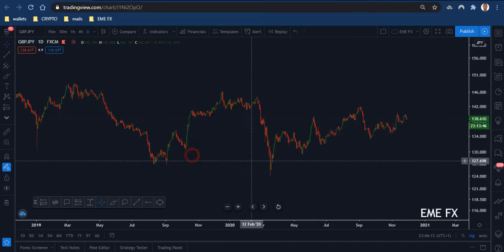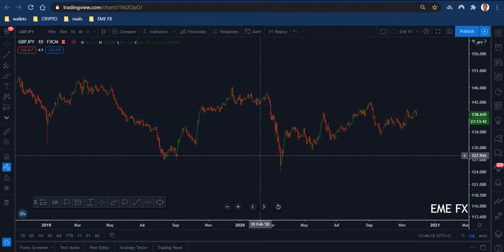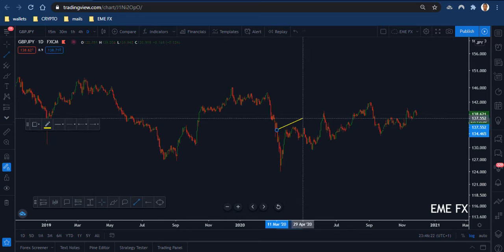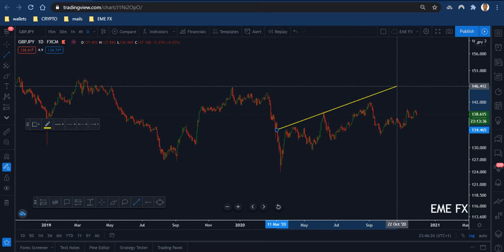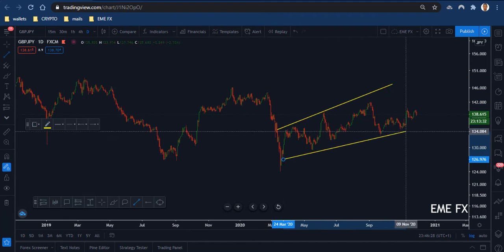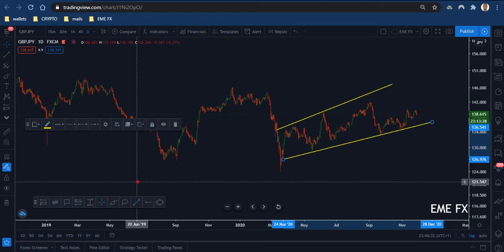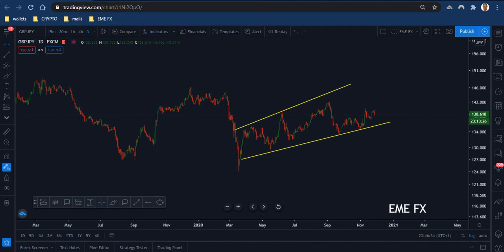So let's start off on GBPJPY. We start by identifying where we are currently in the market, using our trend line to box off this price action. Seeing from this, we are trading within this pattern.